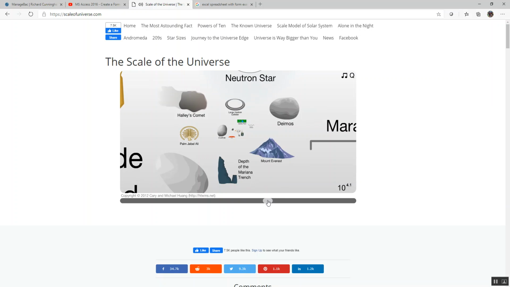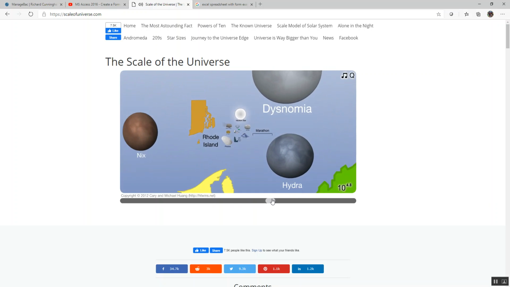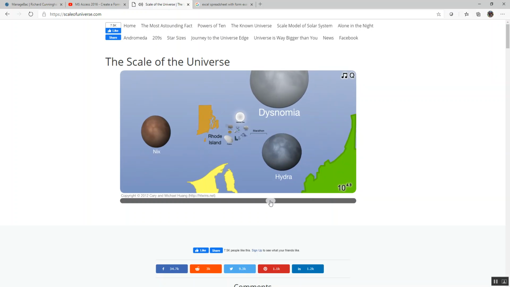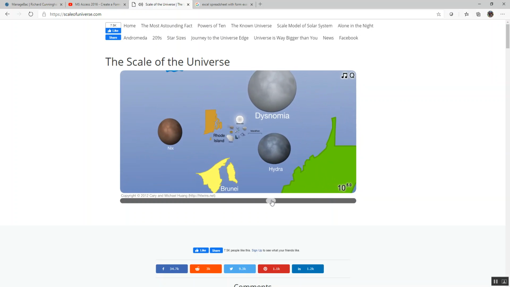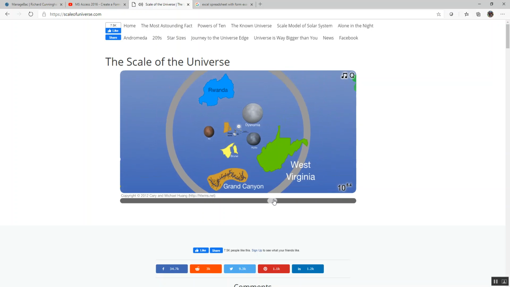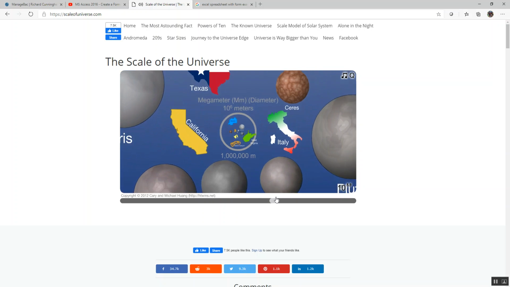All right, and if we keep going, we've got Rhode Island. I think these might be moons, different moons. Now we've got 10 to the power of 5, which is a 1 and 5 zeros, so that's 100,000 meters. Keep going. We've got the Grand Canyon, California.